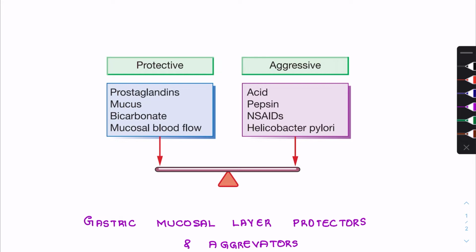So basically there are two factors. One is the gastric mucosal layer protector and the gastric mucosal layer aggravators or aggressives. So whenever there is a stimulation of the parietal cells, there will be increased secretion of the gastric acid, and also there will be an increase in the pepsin production, and also the non-steroidal anti-inflammatory drugs can increase the gastric mucosal layer damage.